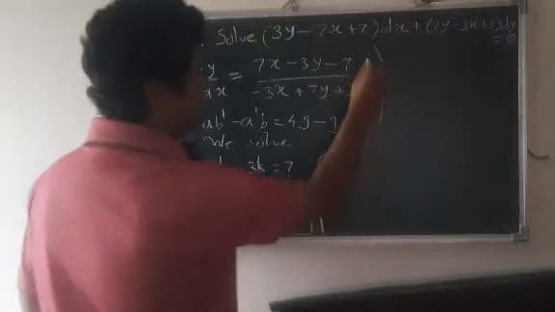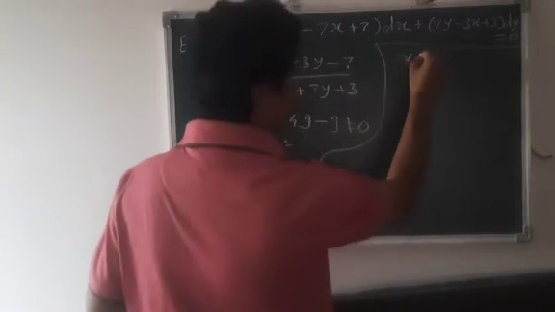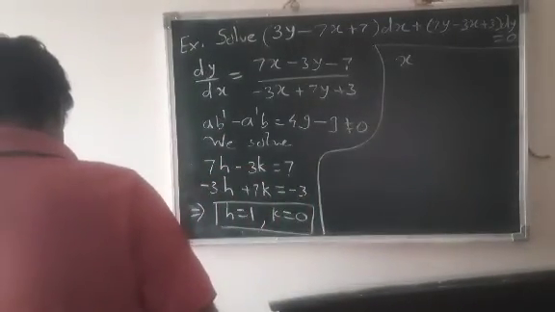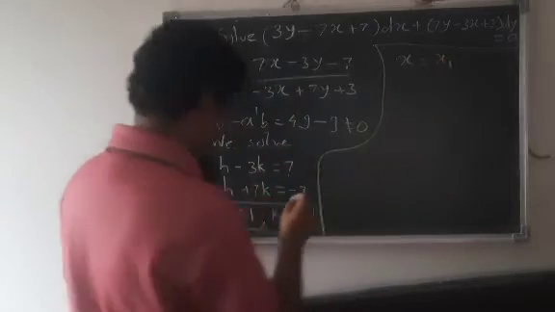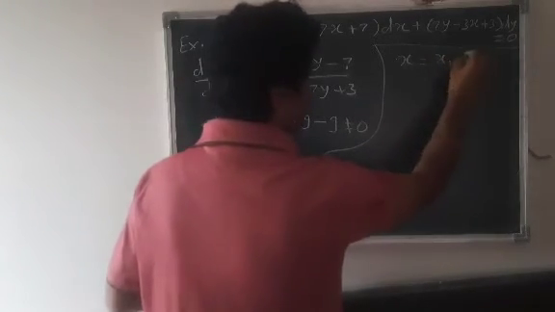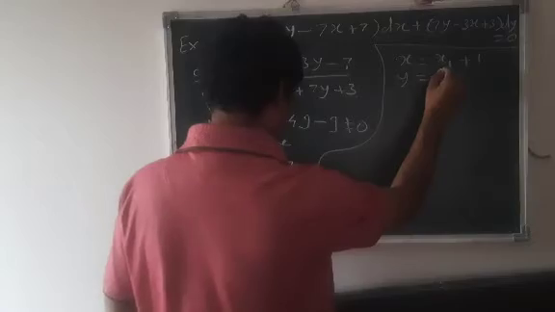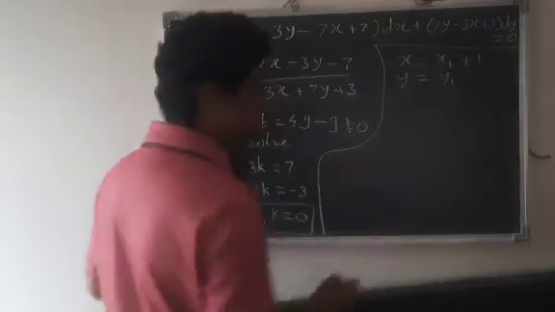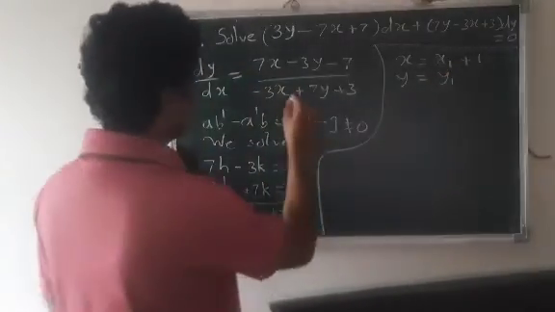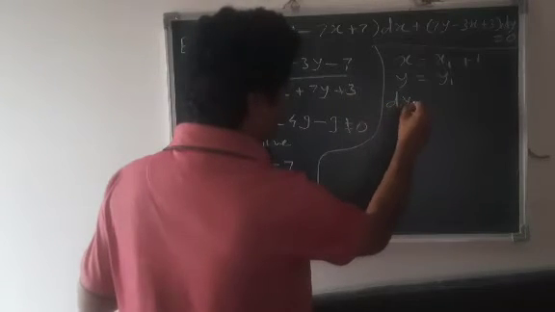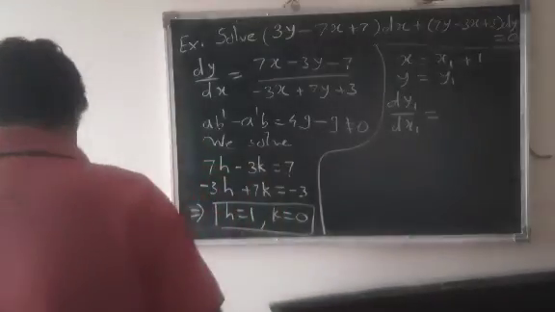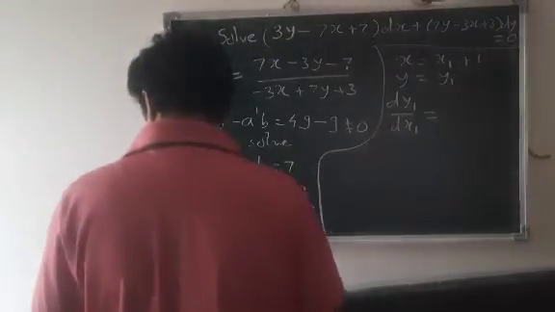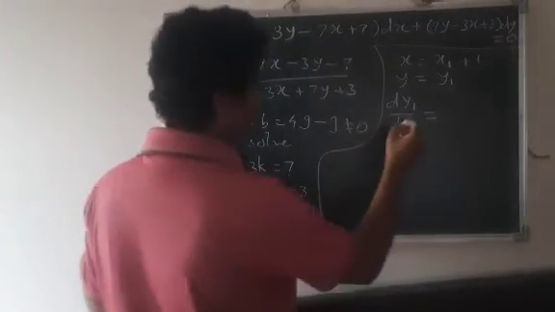We substitute x equal to x1 plus h, that is plus 1, and y equal to y1 plus k, k is 0, so y equal to y1, and the converted equation is dy1 by dx1 equal to (ax1 plus by1) divided by (a dash x1 plus b dash y1).